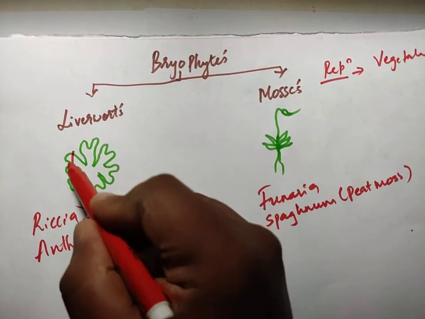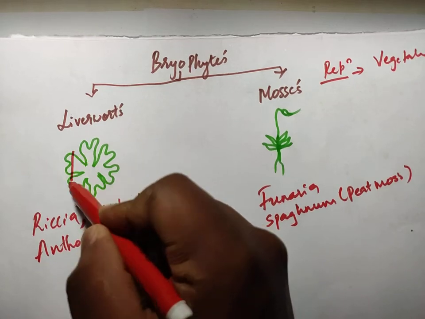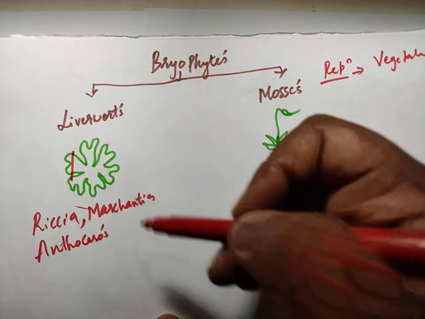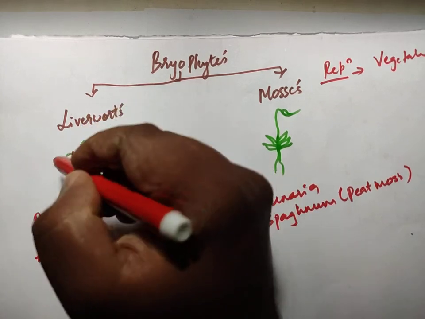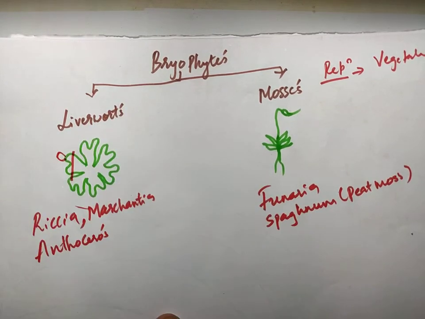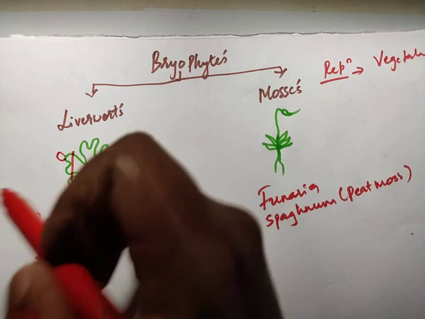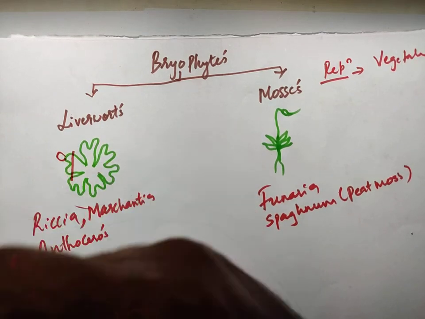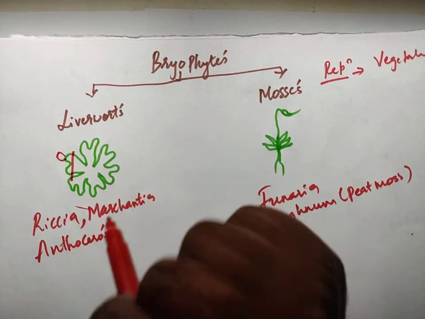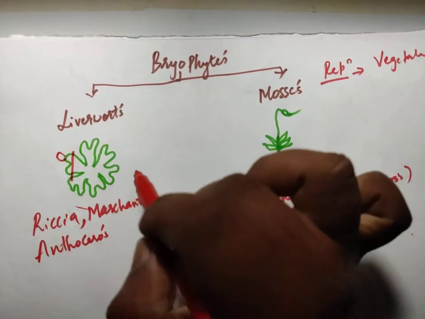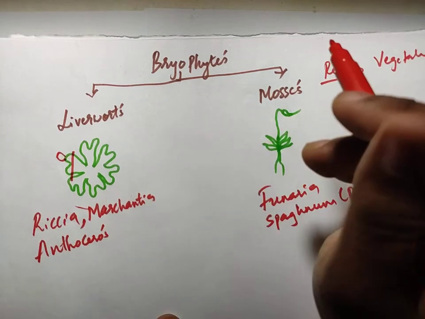If these parts get cut, they can develop into a new liverwort, or sometimes there is formation of tuber-like structures, and these tubers will give rise to a new plant. So this is about vegetative reproduction. However, this is not included in your syllabus, so I am not going to explain that.